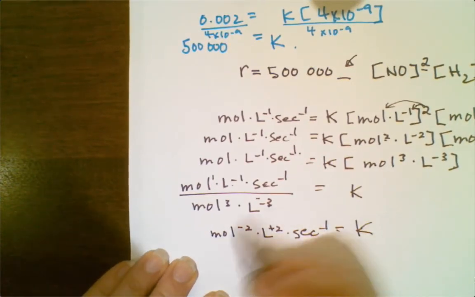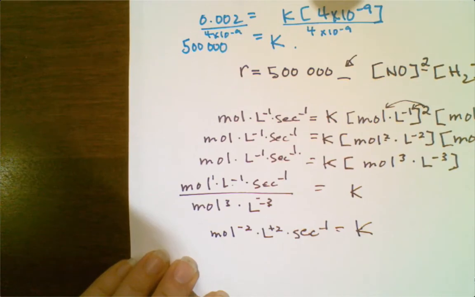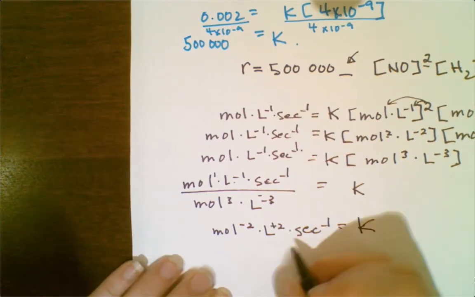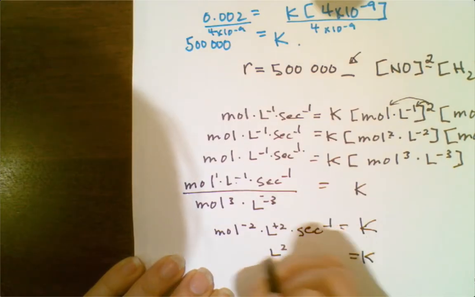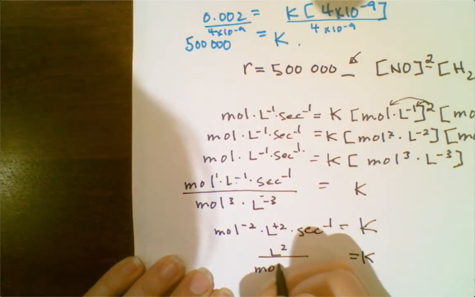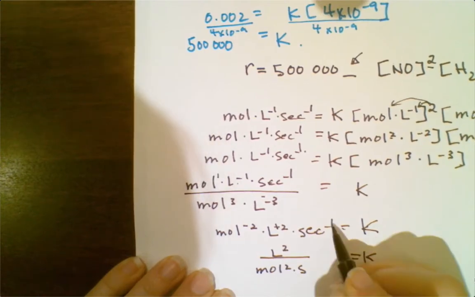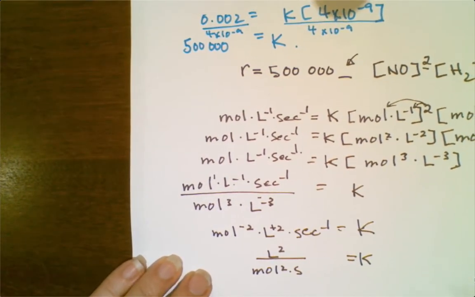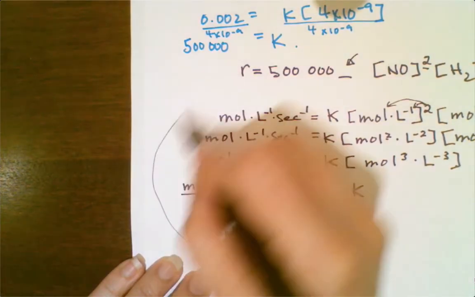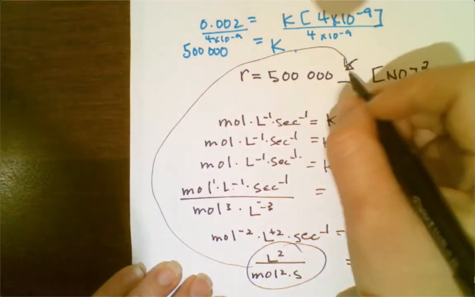And what we want to do is rewrite this so that all of our exponents become positive values. So here, k is equal to liters squared divided by moles squared times seconds. So those are the units for k. So when all is said and done, I take those and rewrite them into this spot here.